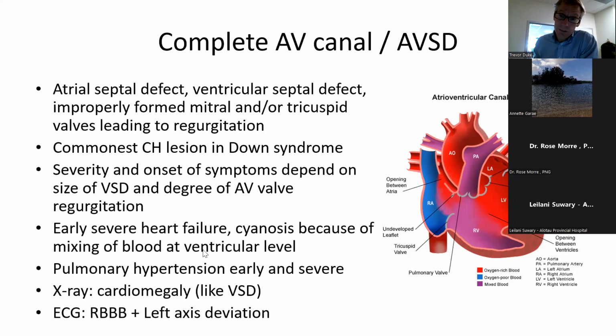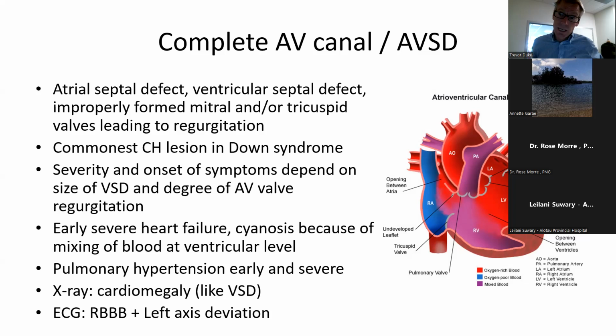They present usually with severe heart failure and cyanosis because they've got mixing of blood at the ventricular level. There's no separation between the ventricles, left to right, both at the atrial and ventricular level, and they have severe and early pulmonary hypertension. Usually, they have a cardiomegaly like a VSD with severe pulmonary congestion, but they have cyanosis, so they do look a bit different.